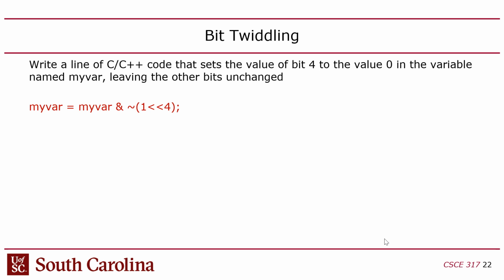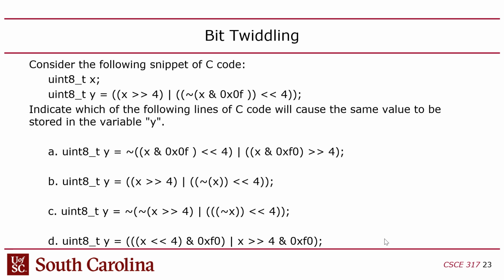You would take myvar, and you would take 1 shifted by 4, take the bitwise complement, and do a bitwise AND. And that would just clear bit 4 in myvar, leaving the other bits alone. And if bit 4 was already 0, then it would have no effect at all. Makes sense? That's easy, right?